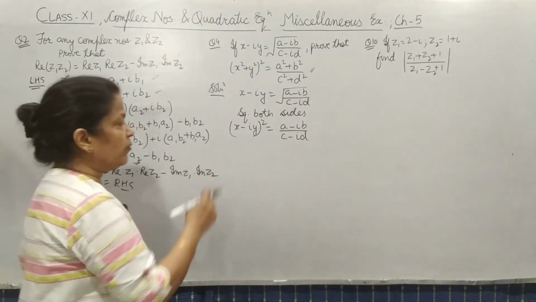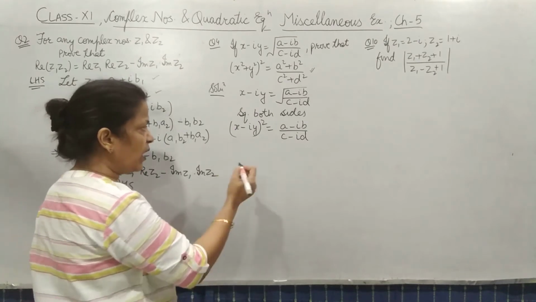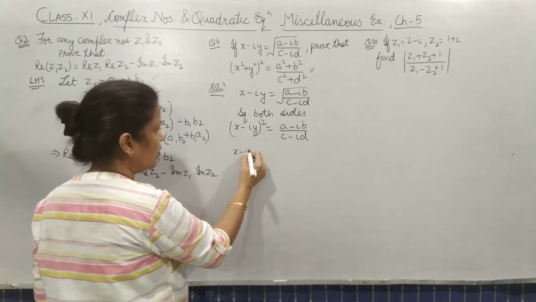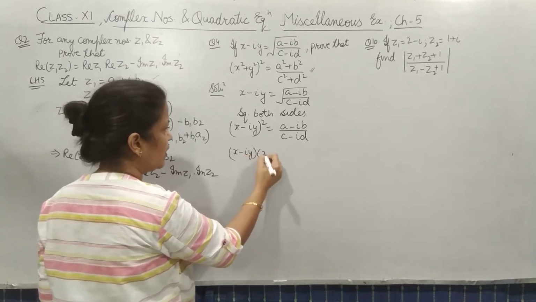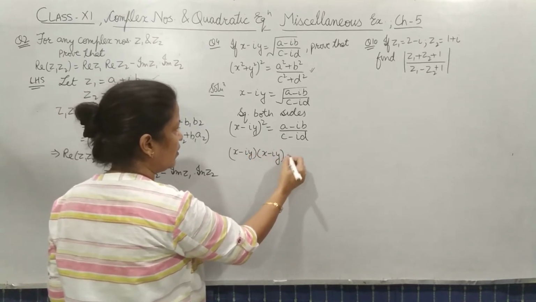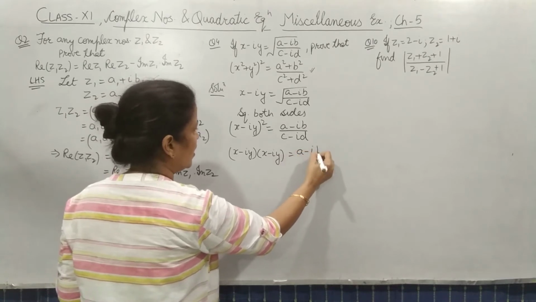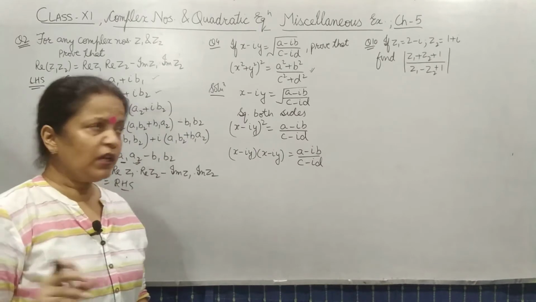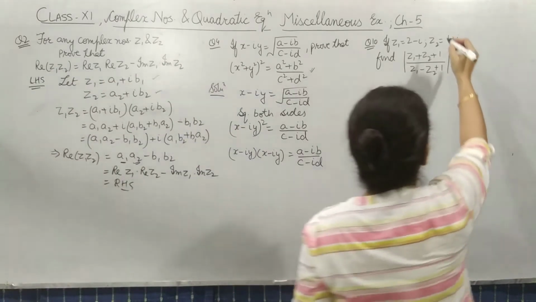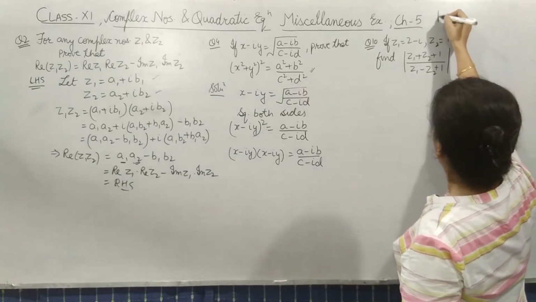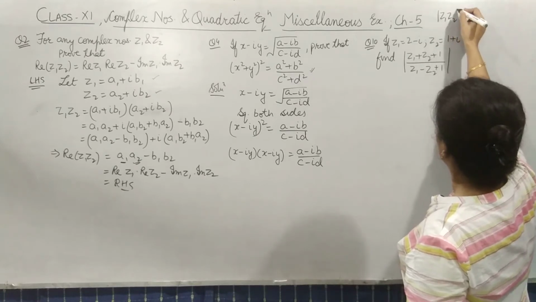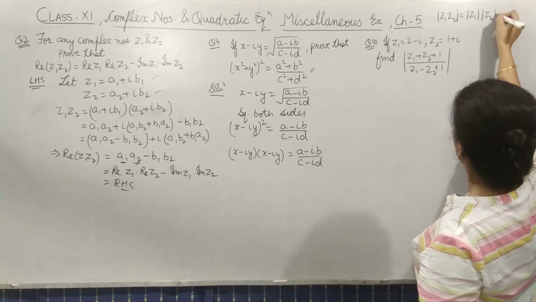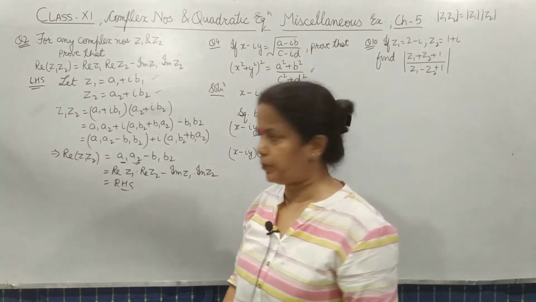Now next step, as I have told it, this part we can write it 2 times also like this, and this as it is. There is one property that mod of z1 z2 is also equals to z1 mod and z2 mod. This is one of the property.